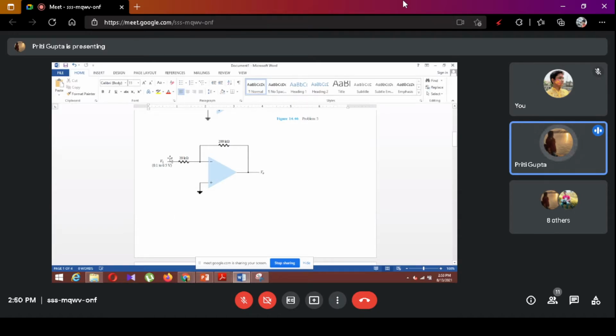You have to write the question also. What is the range of the output voltage in the circuit if the input can vary from 0.1 to 0.5 volt?